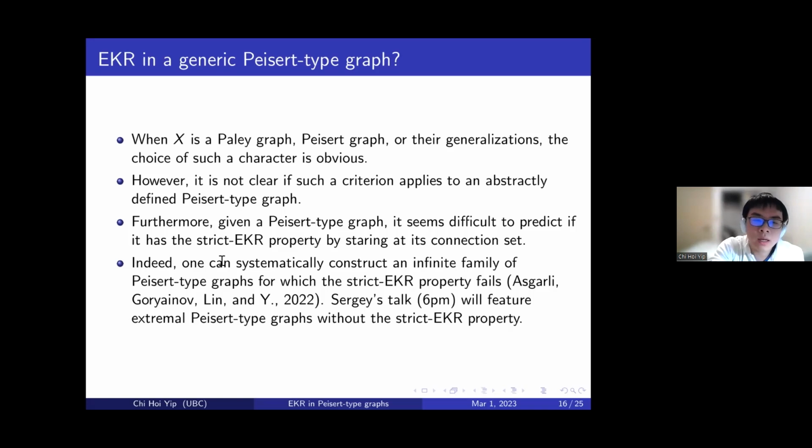And indeed, one can provide a systematic construction of an infinite family of Peisert type graphs for which the EKR property fails. And Sergey's talk at 6 p.m. would discuss more about this, so I won't go into details for this.